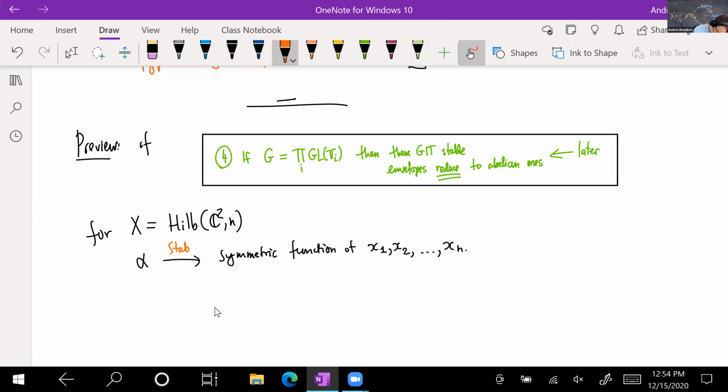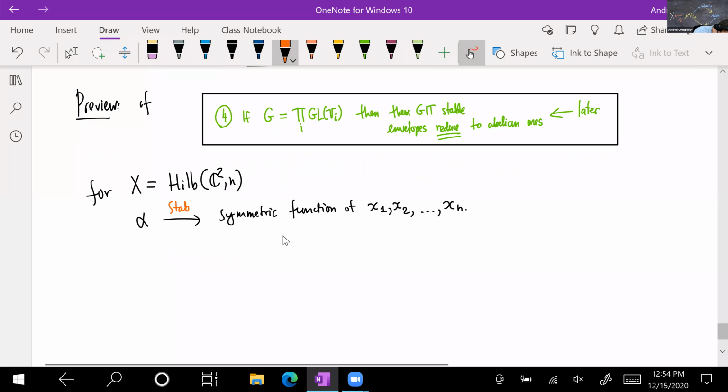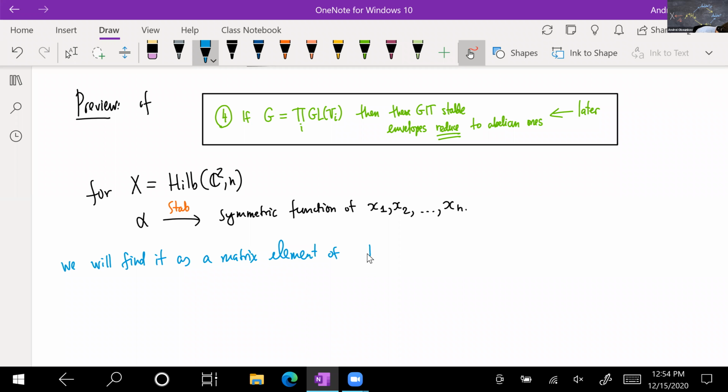So how is that supposed to go? We will find it as a matrix element of the R matrix.